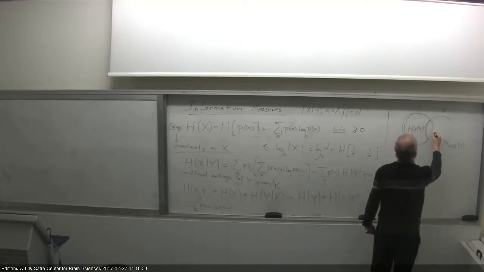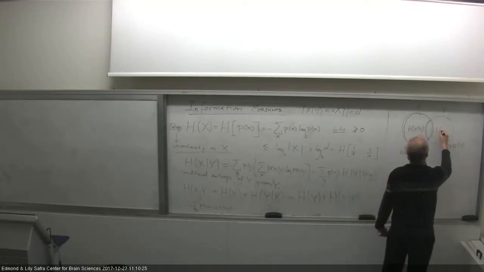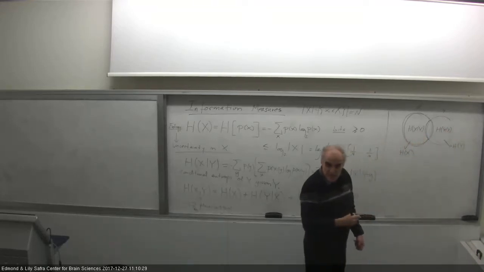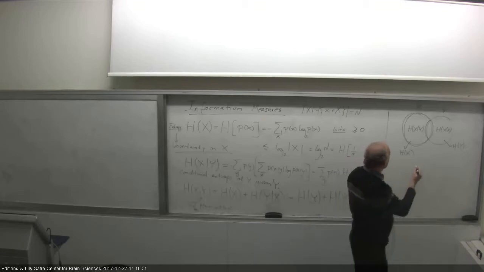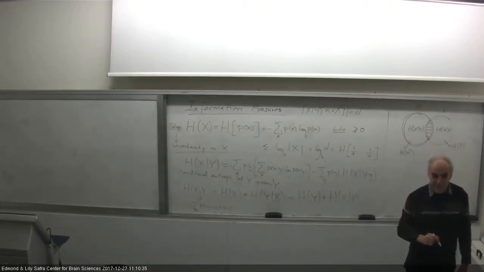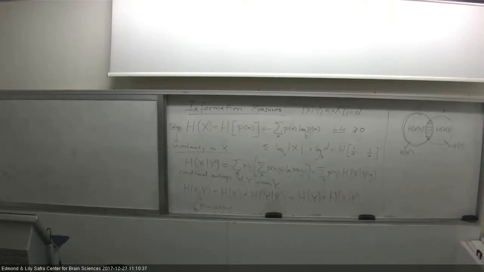And similarly, this area is the conditional entropy of y given x. And then it gives us this very natural leftover overlap. This overlap between them is what we call the mutual information.